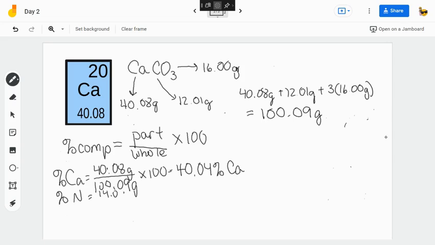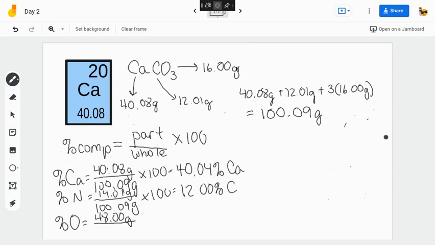The part that's nitrogen, the whole compound of 100.09. When I round it to 2 sig figs, I get 12.00 grams, percent carbon. Now here's where we have to be careful, because this is not 16 grams. It's 3 times 16 grams of it is oxygen.